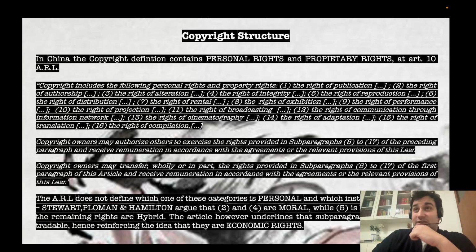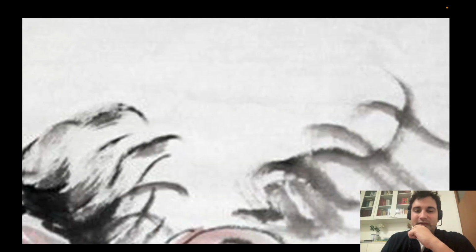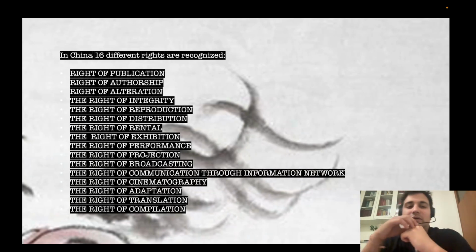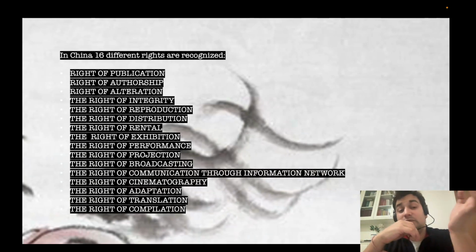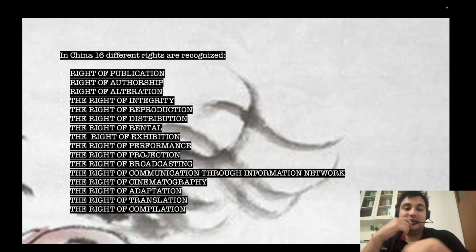But subsection 17 basically is an open-ended section that leaves the possibility of finding any type of rights by the law itself. So it's pretty interesting. So there is a debate of which one of these rights is economic, which one is hybrid, which one instead is different from any other type, which one instead is a moral right.